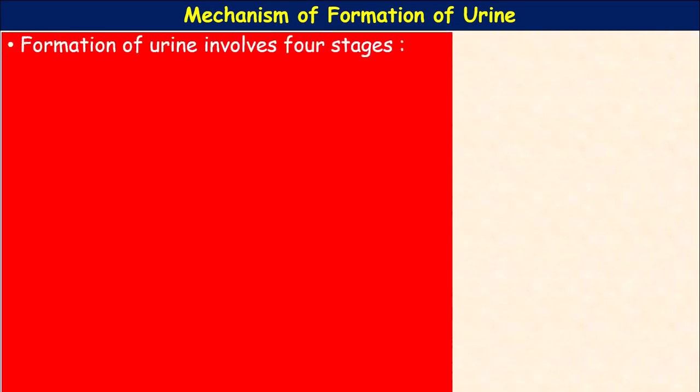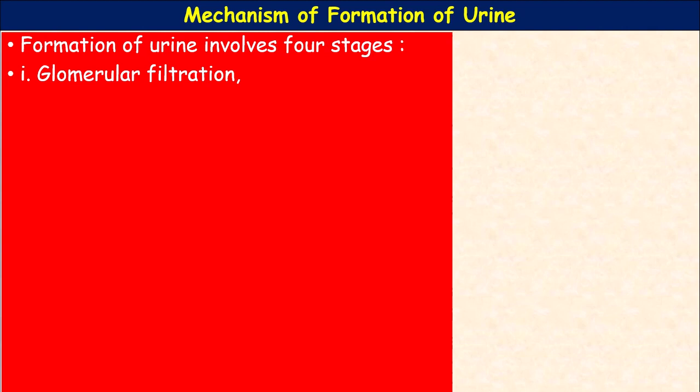Mechanism of formation of urine. How urine is formed, how the filtration takes place. The urine is formed in the nephron by the following stages. Mainly three main stages: glomerular filtration or ultrafiltration, the second one is tubular reabsorption, and the third one is tubular secretion.